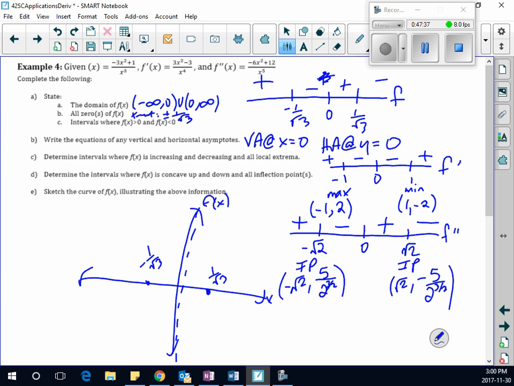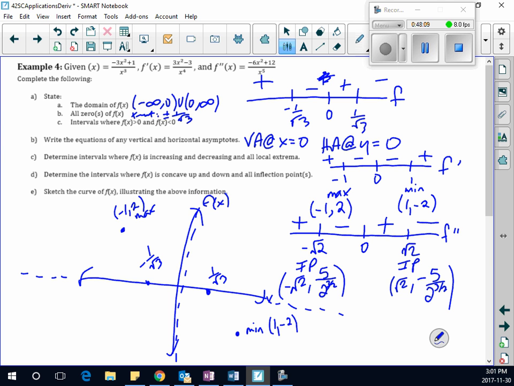We have a horizontal asymptote, far left, far right. We have a local max at negative 1, 2. So this would be over here, say right there, max. And then we have a local min. Let's go here. 1 comma negative 2, yes?